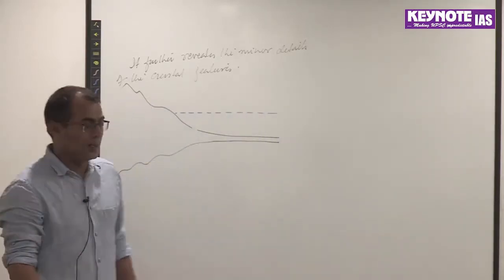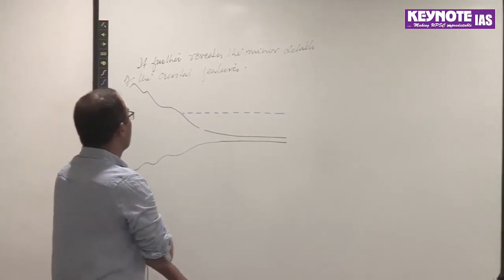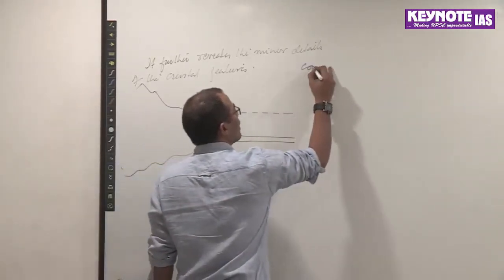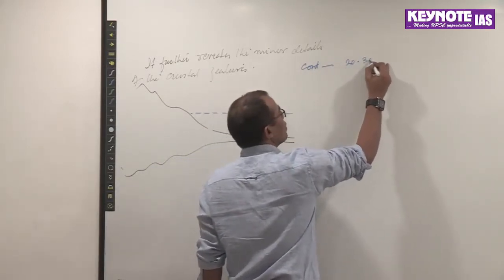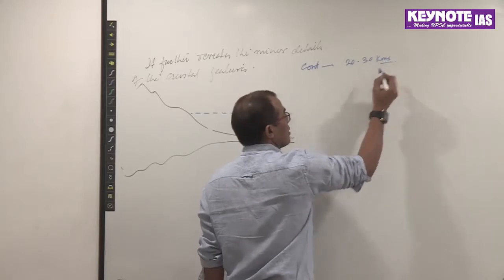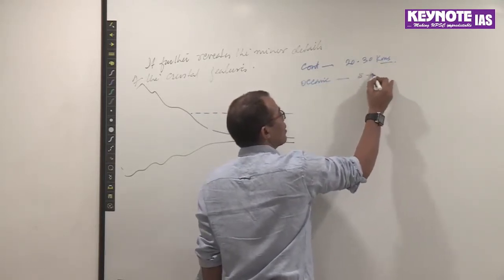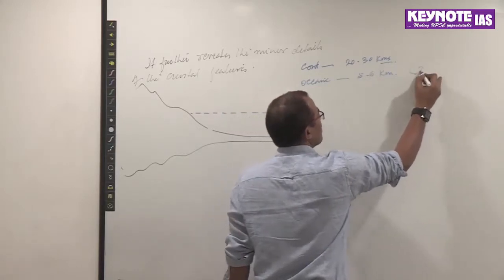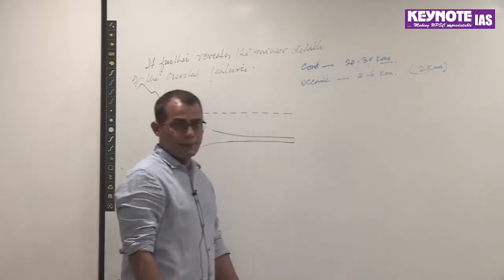The crust has varying thickness, where the continental crust is roughly around 20 to 30 kilometers average thickness. The oceanic crust has 5 to 6 kilometers average thickness. Sometimes it may be as low as 2 kilometers.